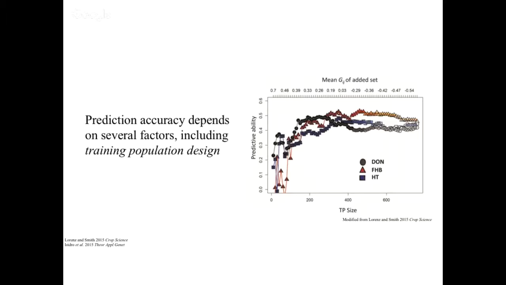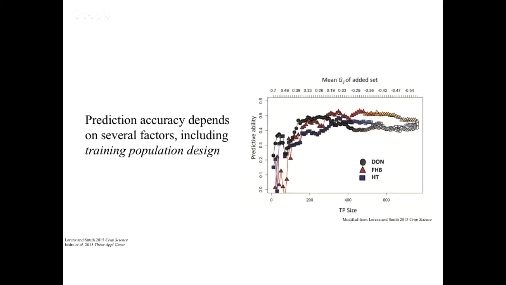And so to illustrate an example, I've included a figure here from a paper by Aaron Lorenz and my advisor Kevin Smith, where they looked at barley genomic selection and building a training population of individuals that are decreasingly related to a set of selection candidates.